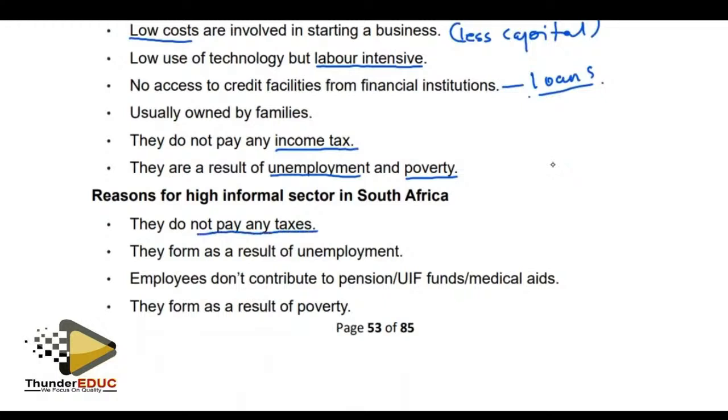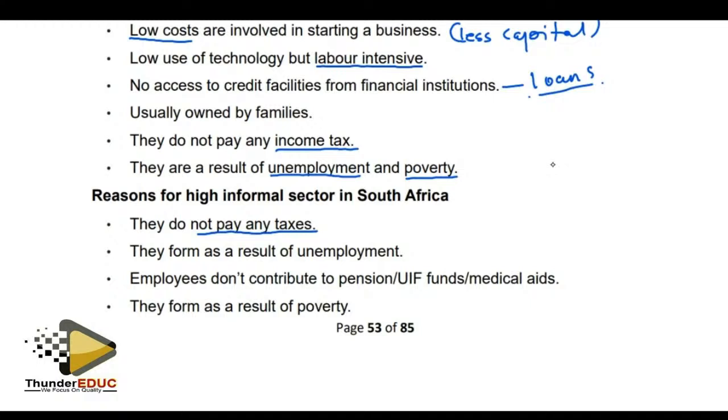Because we know small businesses have to pay a percentage to SARS because of their businesses. But for informal businesses, that's why it is on the rise, because at the end, they're not being pressurized by the government to contribute to SARS.